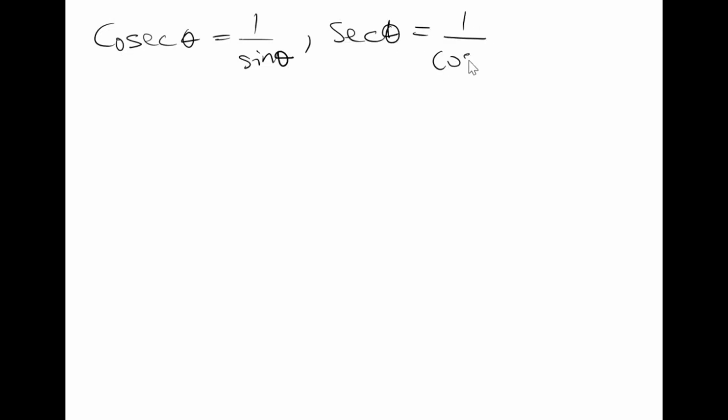And since it's not a right angle, we cannot use the SOH-CAH-TOA rule in solving this question. For the trig ratios, we have that cosec theta is equal to 1 over sin theta, and sec theta is equal to 1 over cos theta.